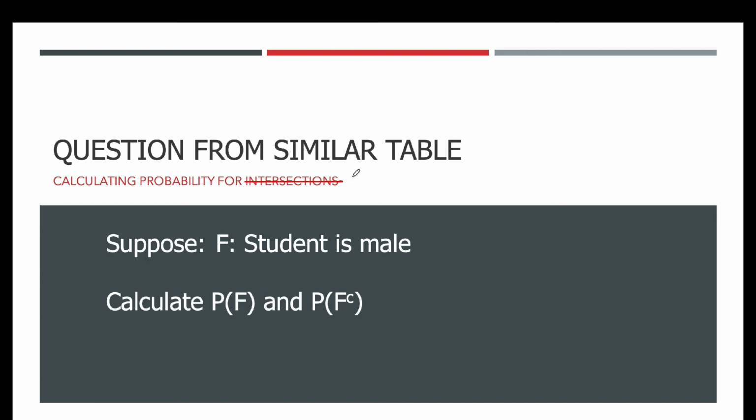It should be for complement, which is how to calculate the probability for complement. While I am writing this, you can take a while, guys, or calculate first.